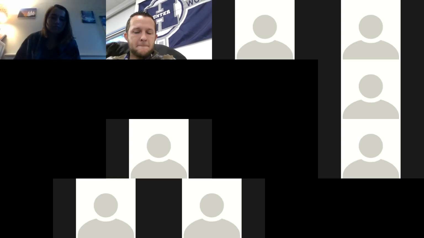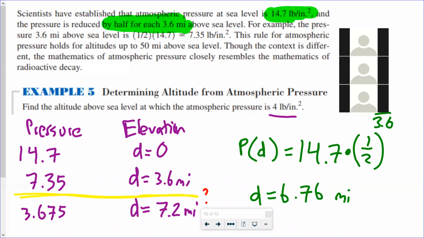All right. So, Mr. Solberg, yes, sorry. Andrew. So when you put it in the calculator, do you put in the 5 times 1/2 to the exponent, or is it just... you do put in the exponent, right? Yes. So when I put it into Desmos, let me pull that up here.